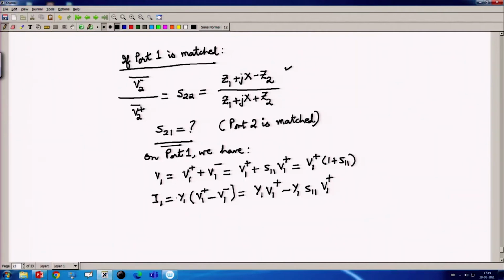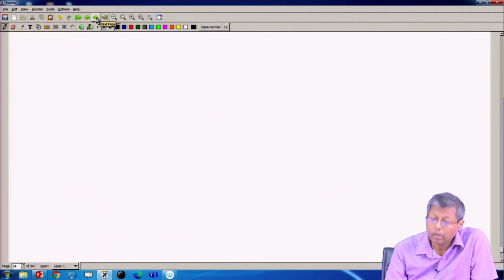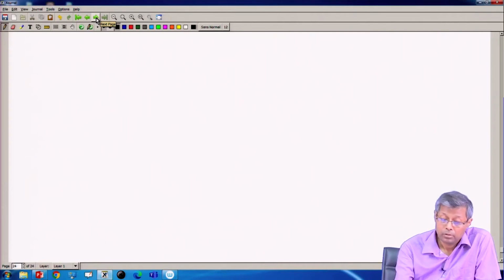And that is equal to Y1 V1 plus (1 minus S11). Now, we know the current is continuous in a series element. So, let us write that down.